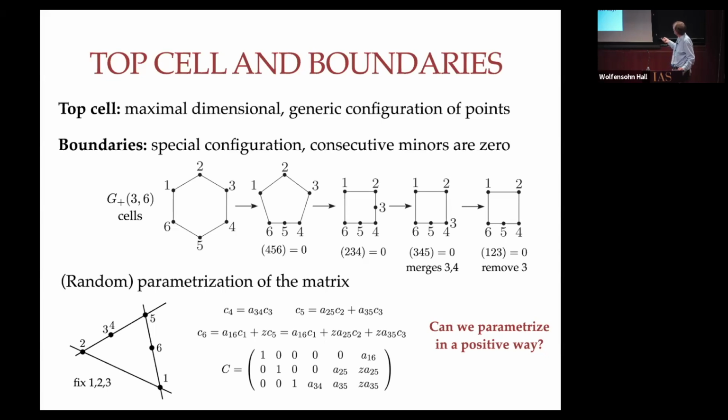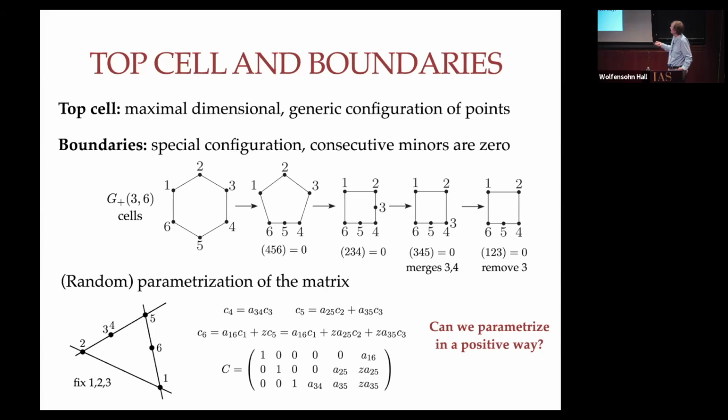Then sending another consecutive minor to 0, we merge points 3 and 4 into being on top of each other, and sending another minor to 0, we can remove point 3 from the picture completely. Typically, sending these minors to 0 has more solutions. I'm just showing one of the solutions, but there are more solutions, which correspond to different configurations.